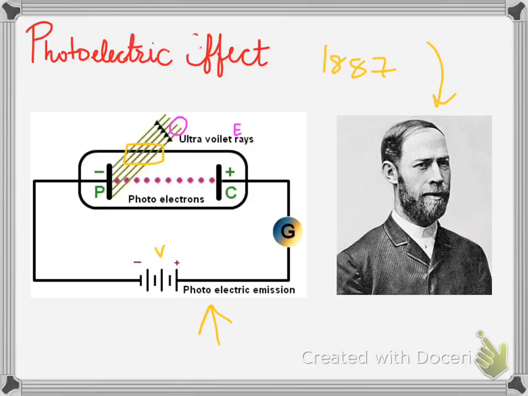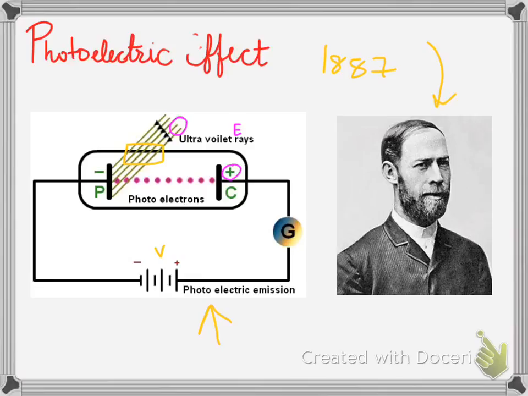And because there is a positive charge on the other electrode, the electrons are attracted towards it, and thus a total circuit gets completed and the galvanometer shows a reading. So this was called the photoelectric effect, and certain results, which we discuss in points, were observed.